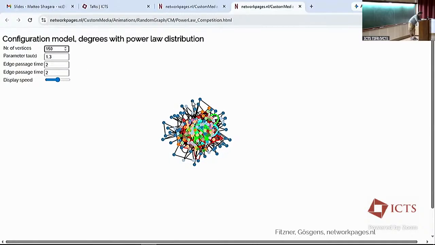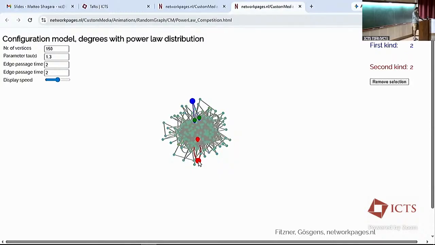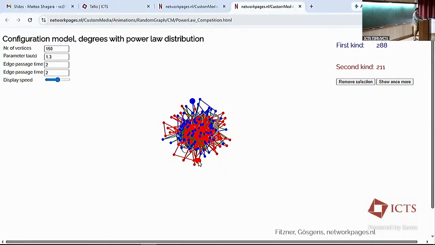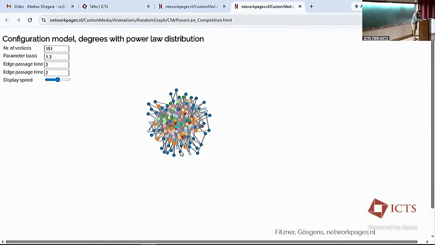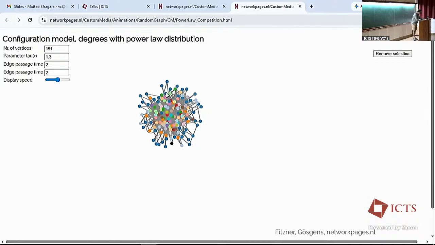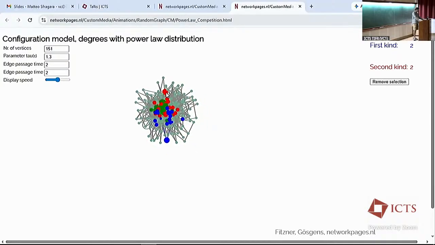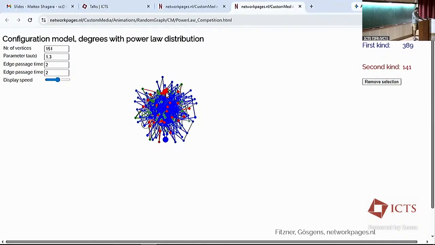So if I just pick two random nodes, there should be a much more intense spread. Okay, that didn't work very well. Try again. It depends on the nodes you pick, but the idea is that one of them reaches a giant at some point and the other one is blocked. Maybe the simulation is not very good, but the idea is that you quickly hit the core and then you're blocked. And we show why in the next slides.